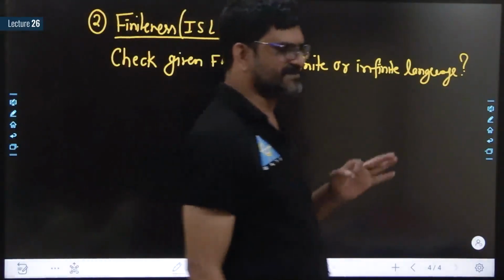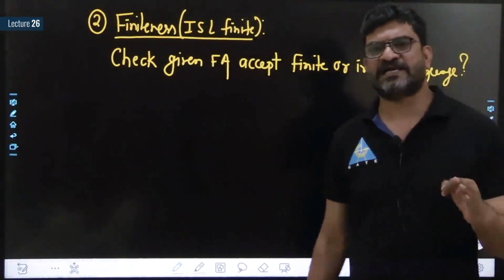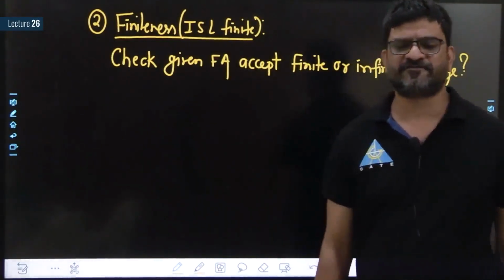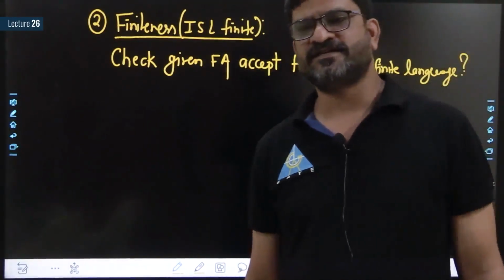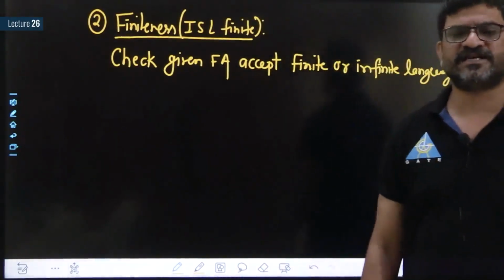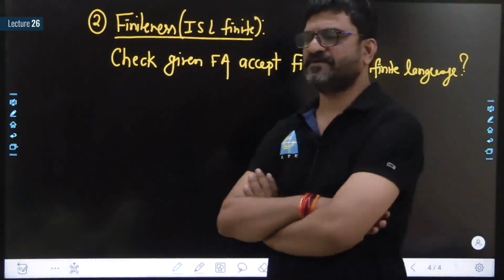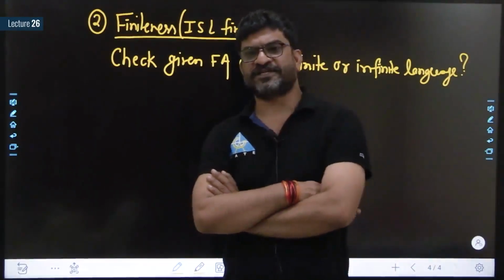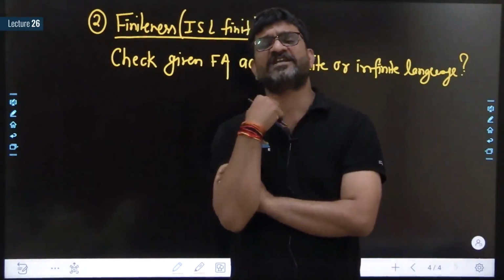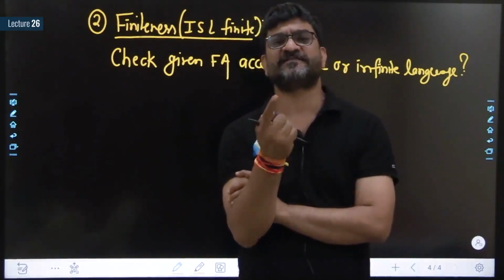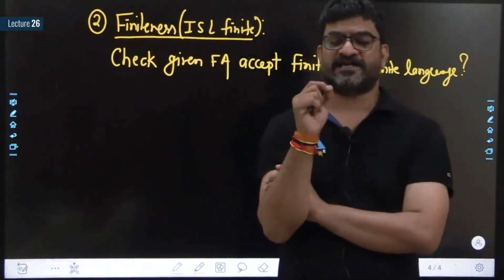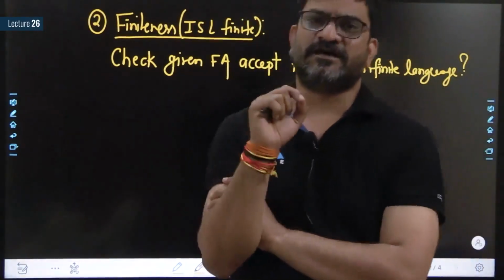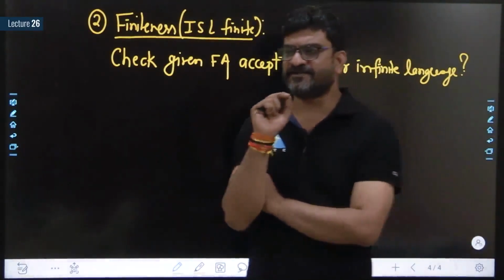What is the algorithm? Please listen carefully. First step, select those states which are not reachable from the initial state. Delete those states and transitions defined between them. Second step, select those states from which we cannot reach the final state, it means dead state.